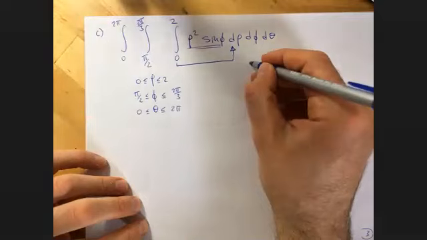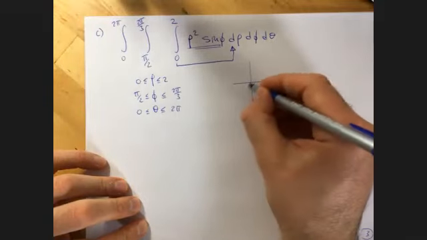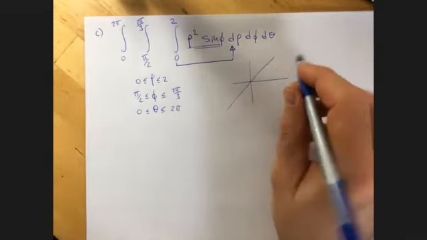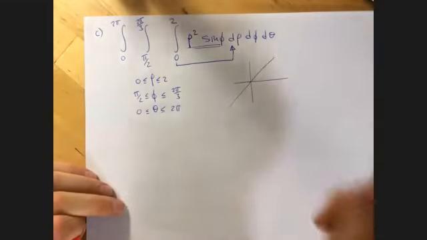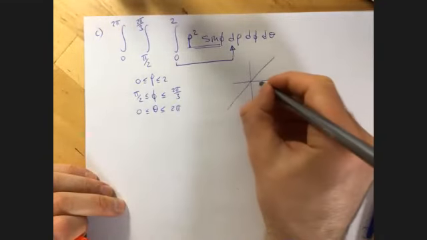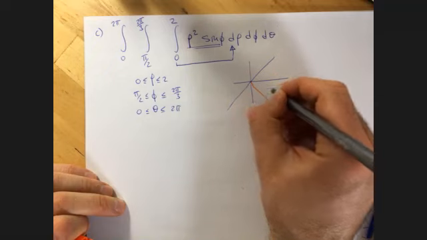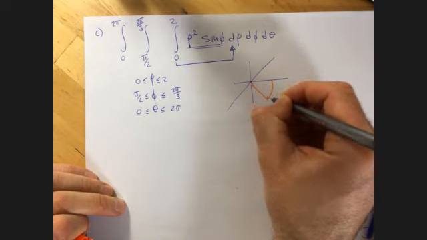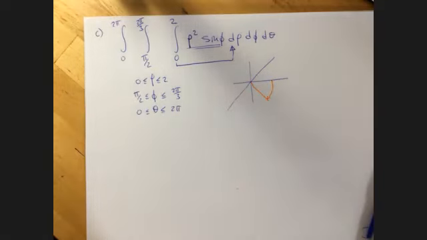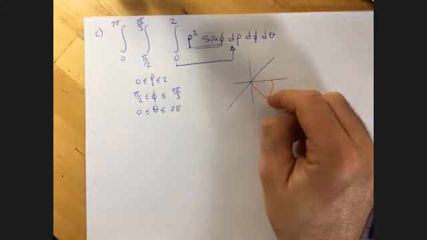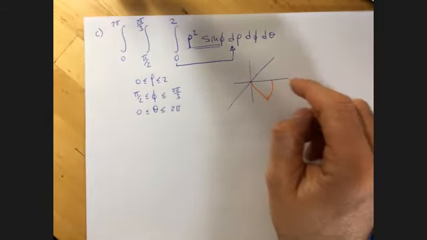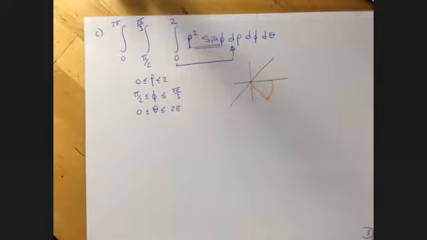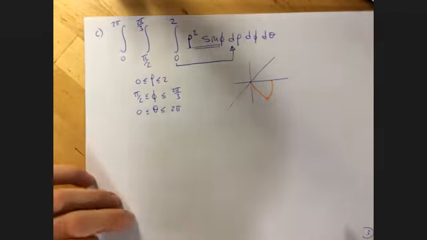Okay, so because, as I said, phi goes from pi over 2 to 3 pi over 2, our solid is going to be below the xy plane.